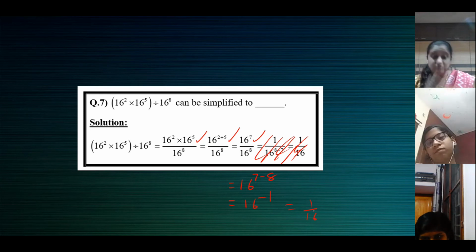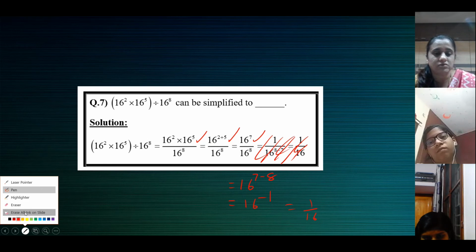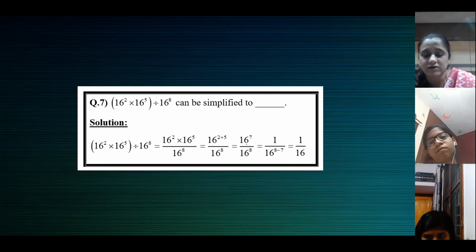See, actually, you can also do it like this. Whatever travels goes with the opposite sign. Now, you're bringing 7 down, right?